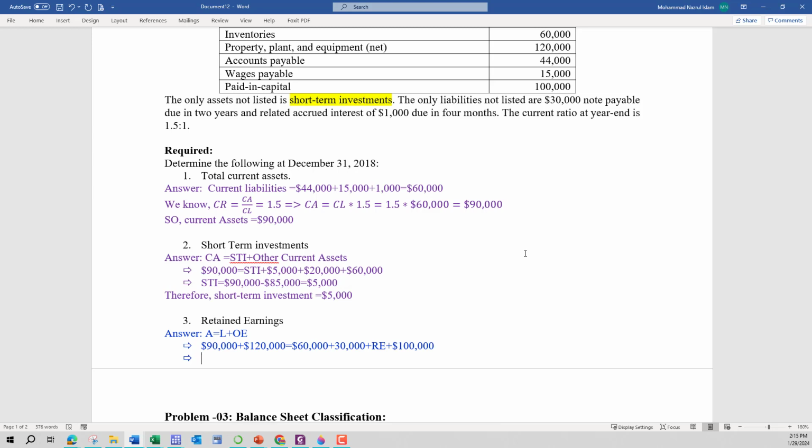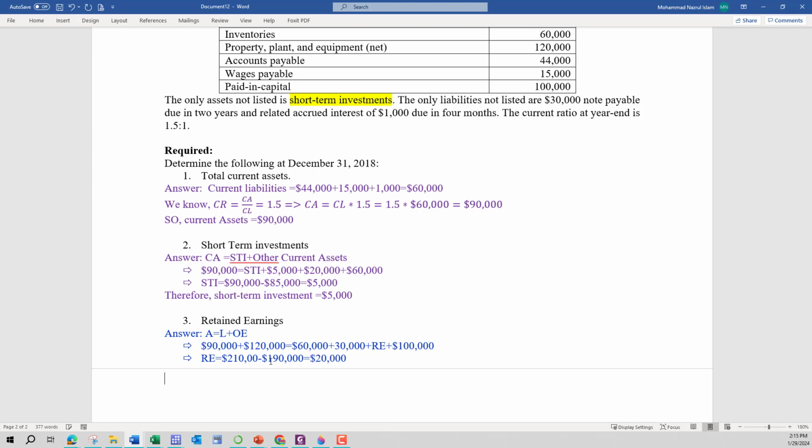So retained earnings would be 210 minus 90, since 120 plus 90 is 210, and 60 plus 30 is 90, minus the 100,000 paid-in capital, so 190 minus 100 is equal to 20,000.